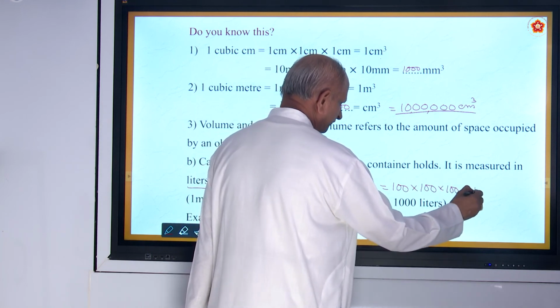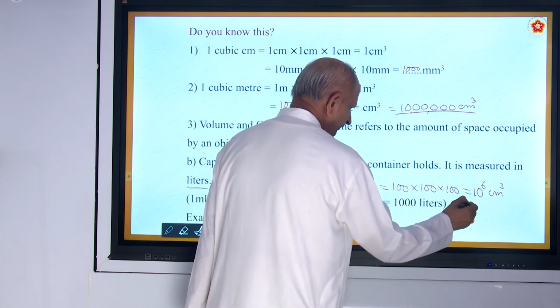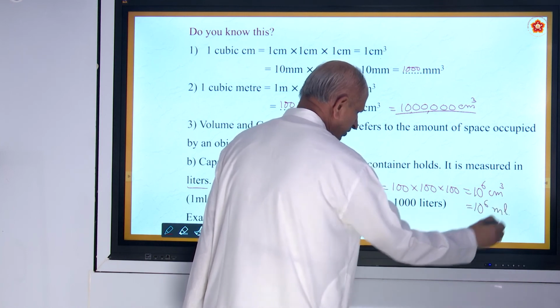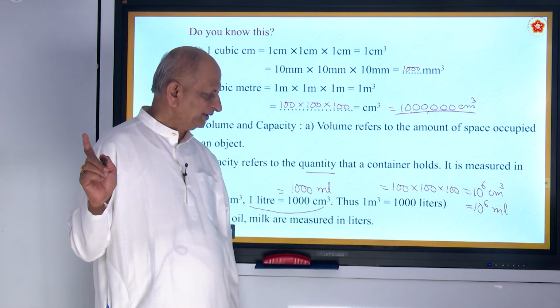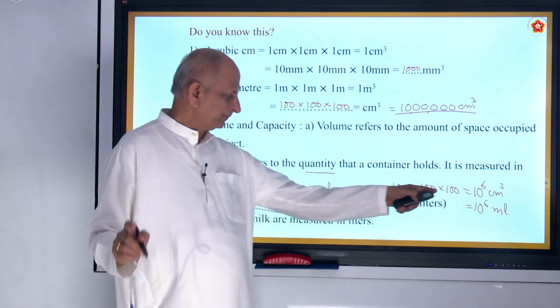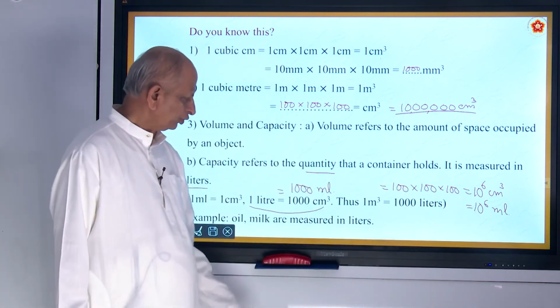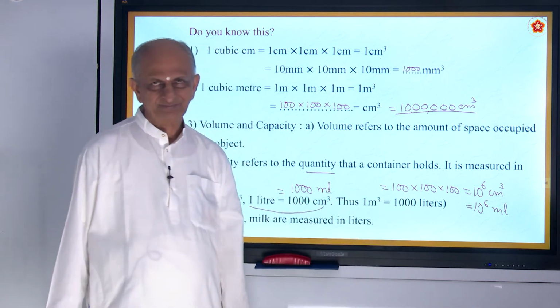That is 10 to the power of 6 centimeter cube. That is 10 to the power of 6 ml, what you call. 1 liter means how many ml? 1 liter means 1000 ml. So 10 to the power of 6 means what? 1000 liters. So 1 meter cube means 1000 liters.